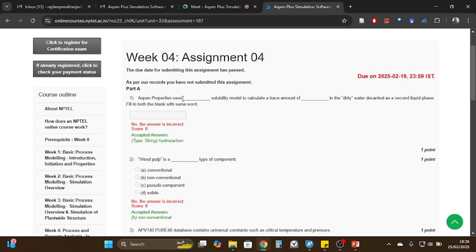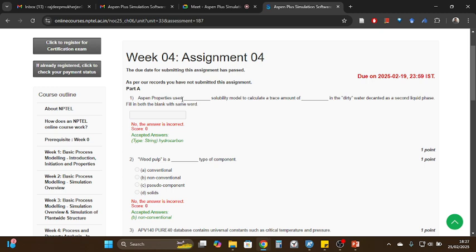Grammatically, the first answer is hydrocarbon and the second is hydrocarbons. These two words are already mentioned in the PPT as well, and in the recorded lecture, where sir has used hydrocarbons. In the first, it uses the hydrocarbon solubility model, and for the calculation of trace amount of hydrocarbons in the drinking water. So you can address this.